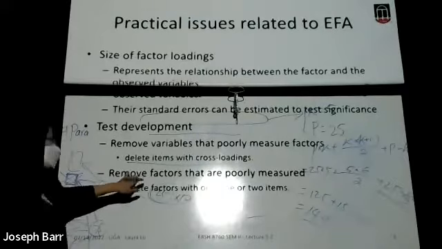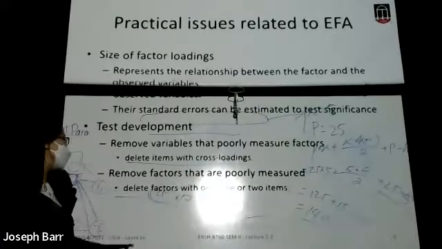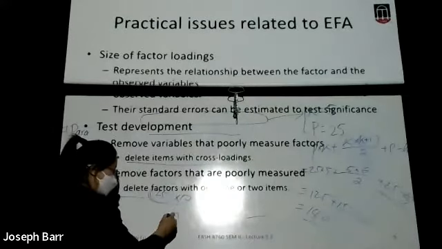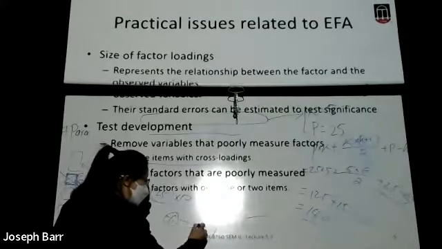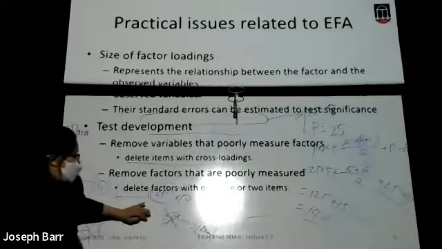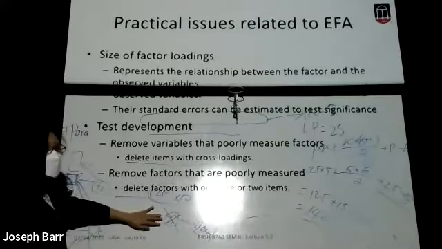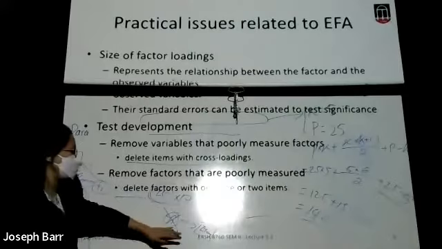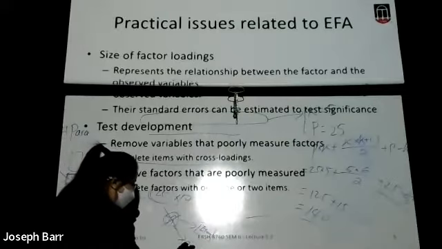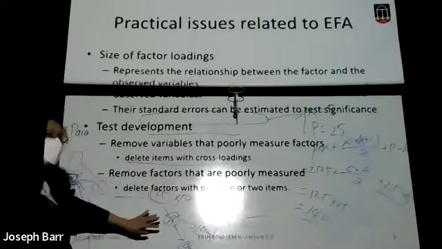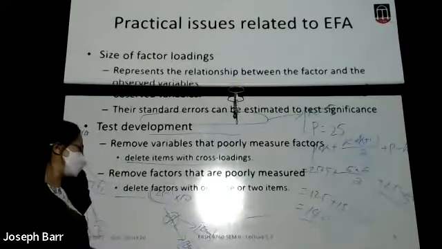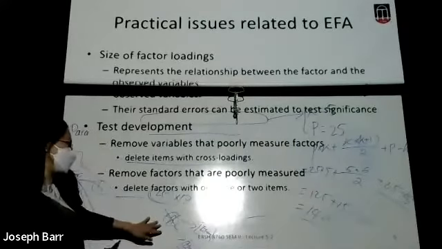And then you can also remove factors that are poorly measured. Delete the factors with only one or two items, as I mentioned. Sometimes you have a factor that only influences one item. This factor should be deleted. It is not necessary to extract a factor based on just one item. Sometimes you have two items, and some people say this is also not a good factor, but there's some argument; people think two items may still be acceptable.